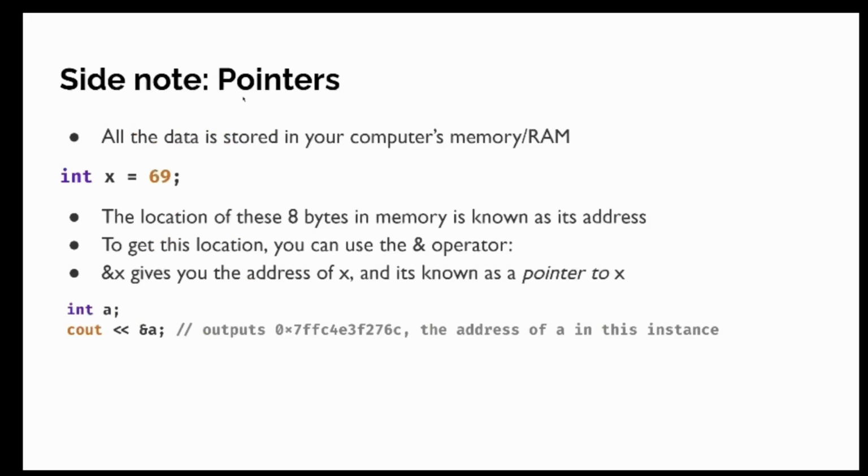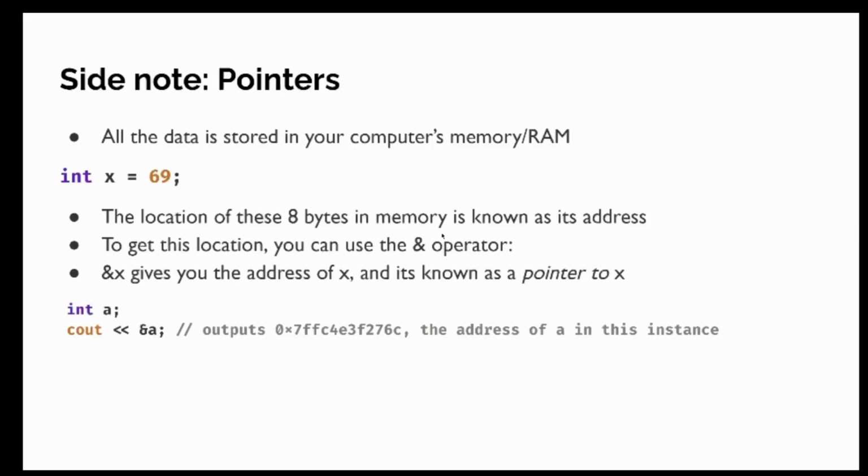Okay, some side notes. All the data in your computer is stored in your RAM, random access memory. I think that's what it's called. So an integer x has 8 bytes of memory, and that's known as its address. To get its address, aka its location in your computer, you can use the ampersand operator.